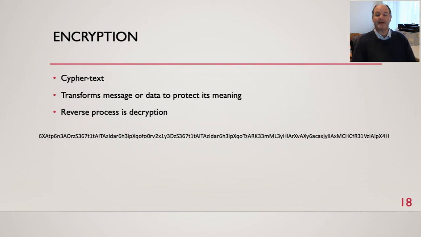Encryption scrambles a message so that it is meaningful only to the person who encrypted the message and to the person holding the key to deciphering it. To everyone else, it is gobbledygook. The reverse process, decryption, converts a seemingly senseless character string into the original message. On this slide, you see an example of a message that has been encrypted.